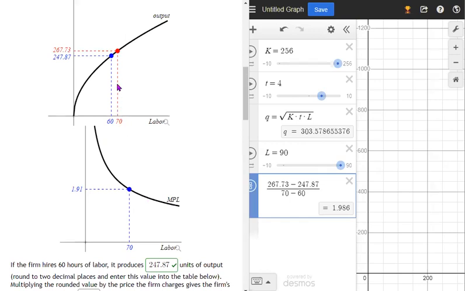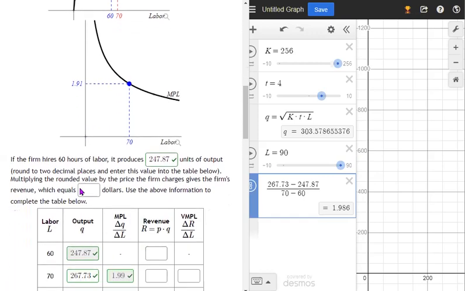At this level of labor demand, that is what our output is currently. At this level of labor demand, that is what our output was. So this 1.91 is the difference in the red and blue numbers here divided by the difference in those two numbers there. But we want to think about this number as being the slope at this red dot. So we're going to think of the slope at the red dot as being 1.91. It's going to be really close to it.